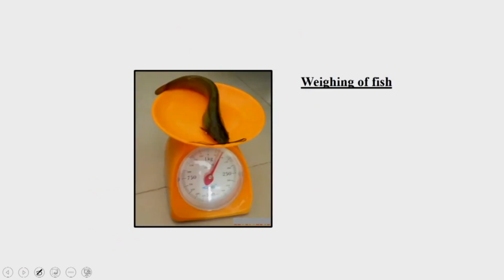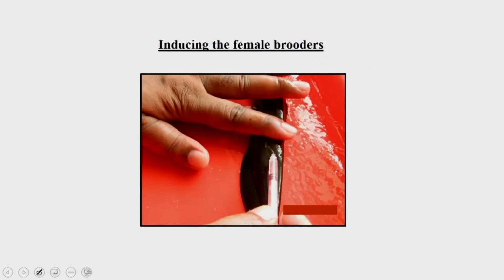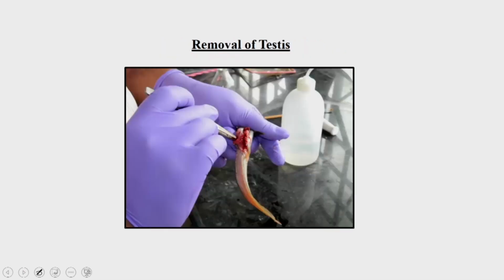Then what you have to do is weigh the fishes, and you are going to give the injections. First you are going to induce the female brooders with intraperitoneal or intramuscular injections of the hormones, and then you are going to remove the testes from the male fish.